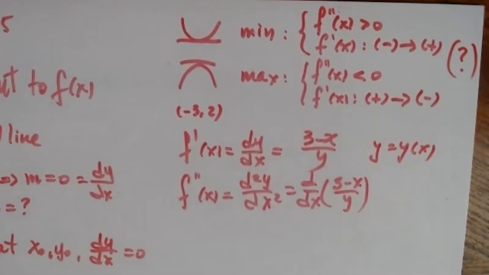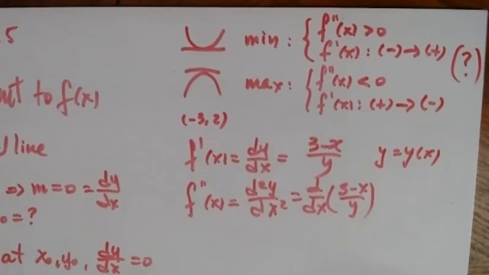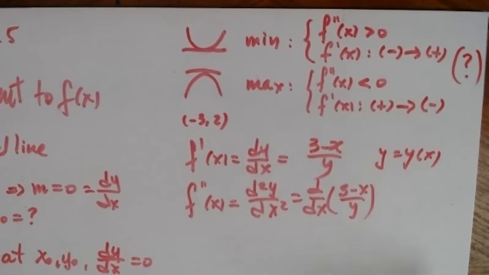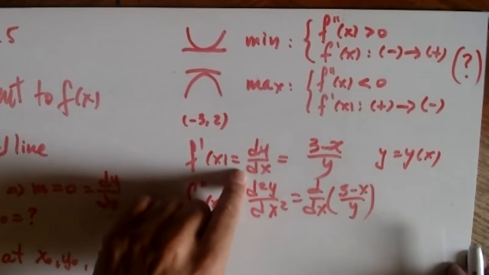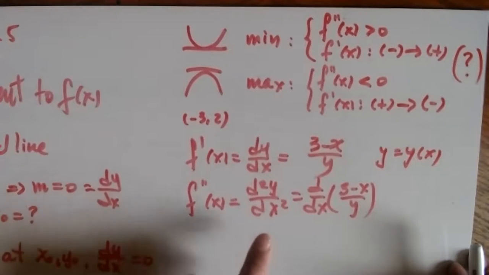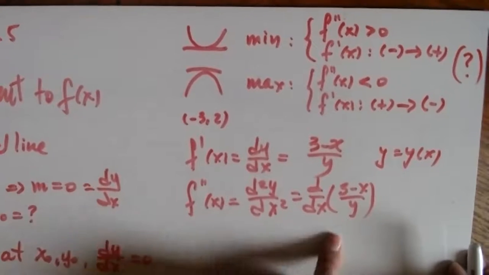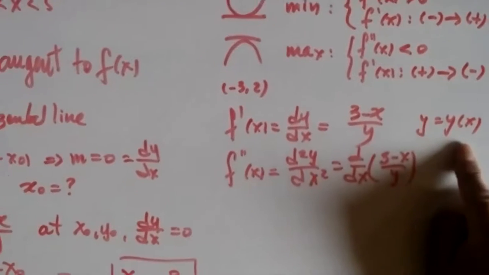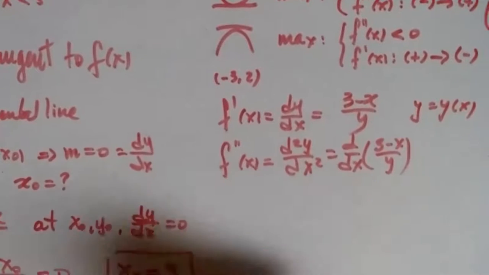Correct? Everybody catch this reasoning? Yeah. So f prime is dy/dx. Then f double prime is the derivative of this. Now y is a function of x, so this is an implicit differentiation thing.